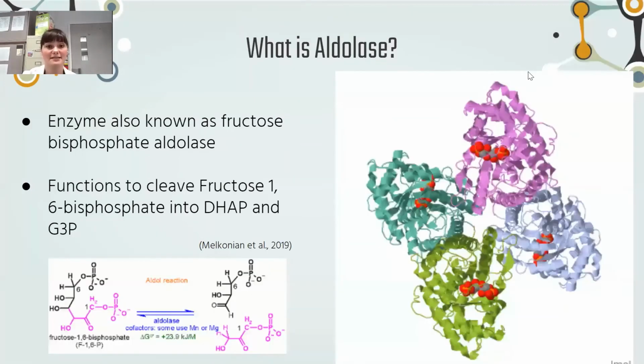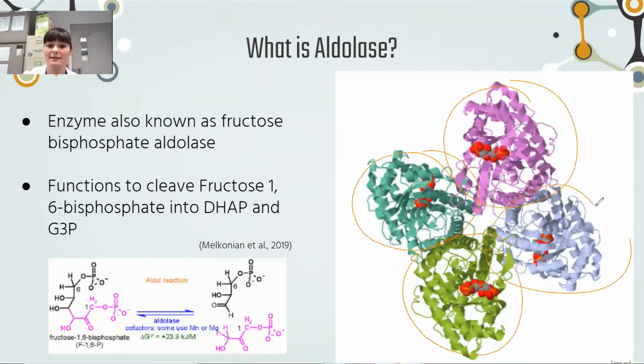So next, I'd like to talk about aldolase, a particular enzyme that's also known as fructose bisphosphate aldolase. Looking at this ribbon diagram on the right, we can notice a couple of things about aldolase. One, that it's tetrameric, and we can see that very easily because helpfully this diagram is in multiple colors, but we can see 1, 2, 3, 4 portions of aldolase.